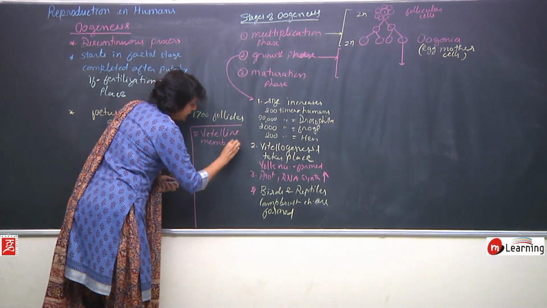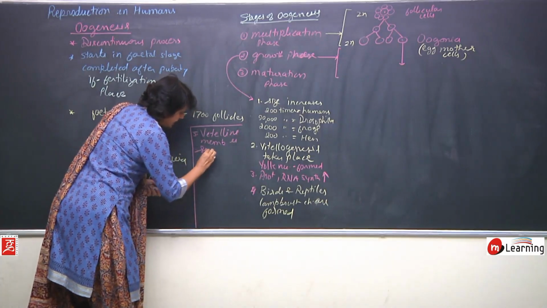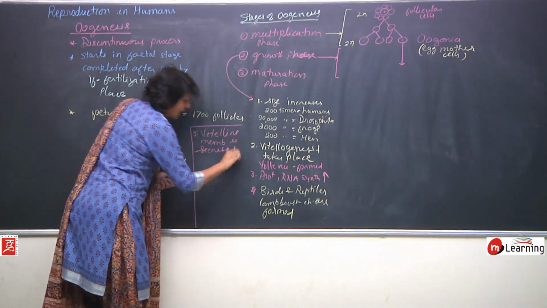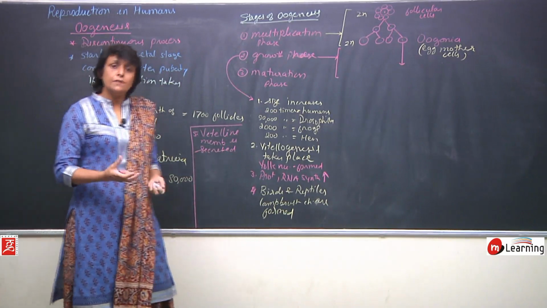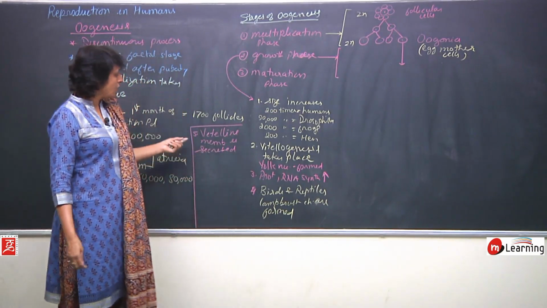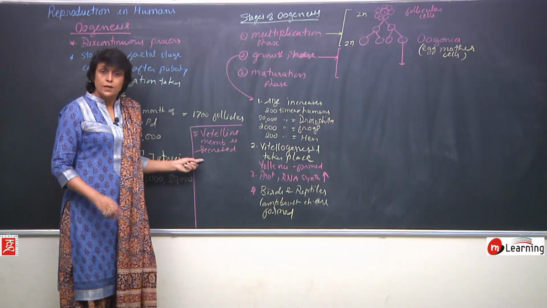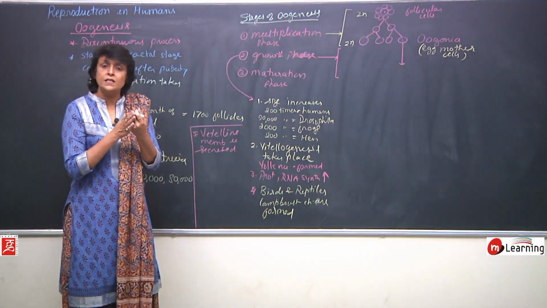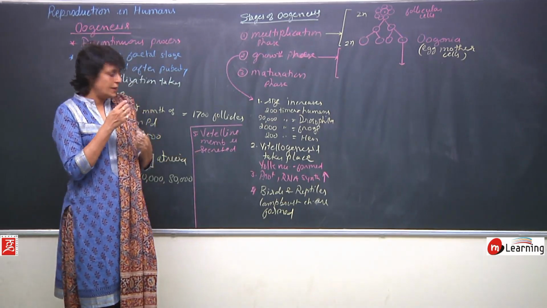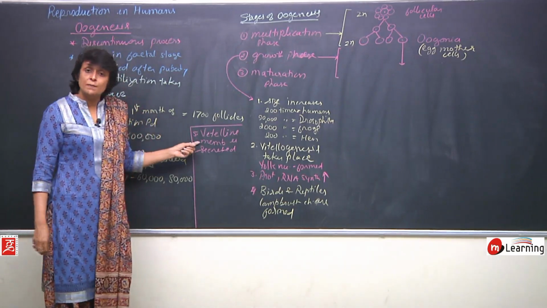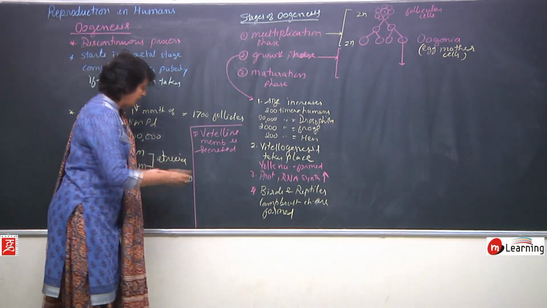Vitelline membrane is secreted around the egg. The egg itself secretes this membrane. So, the plasma membrane and the vitelline membrane are almost close to each other. That additional membrane is secreted.